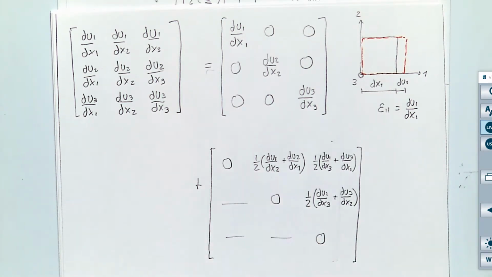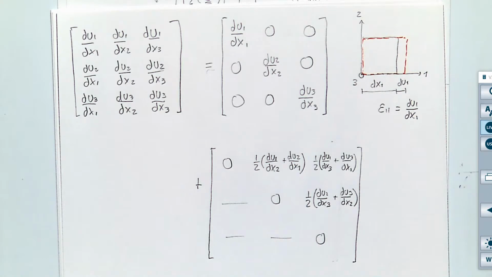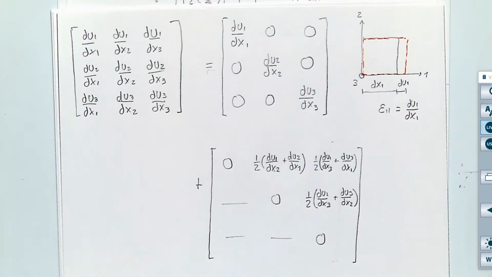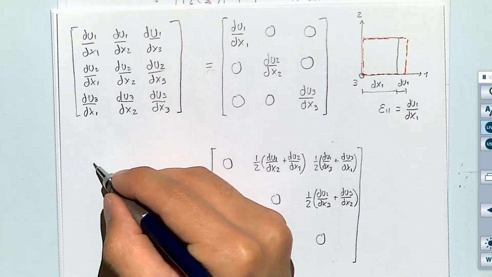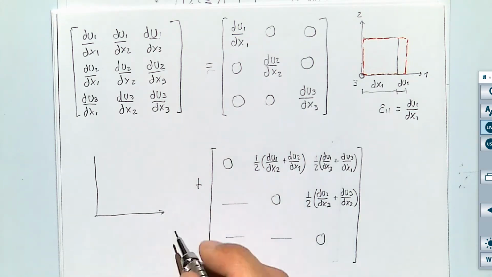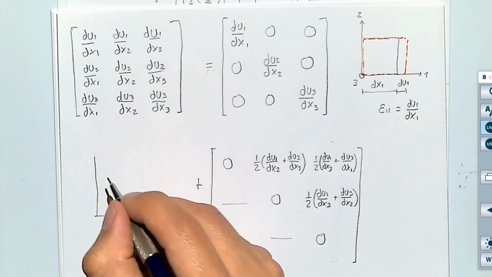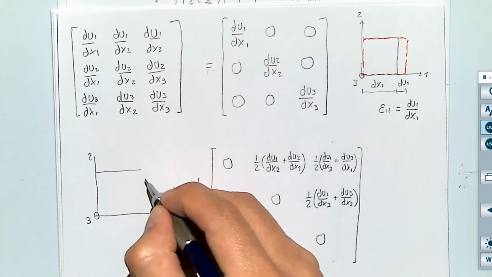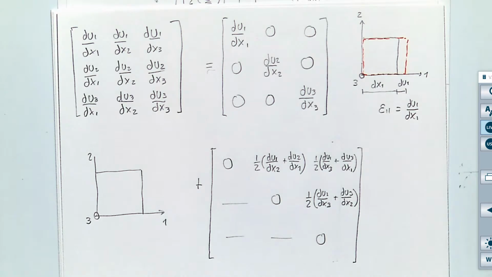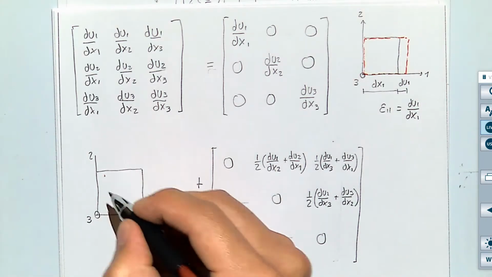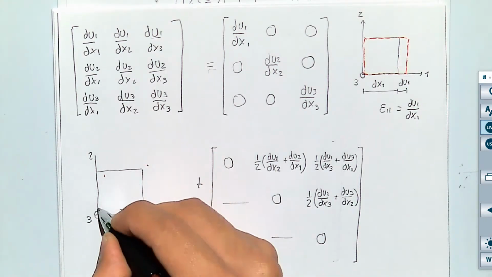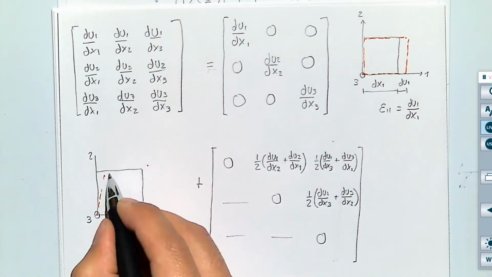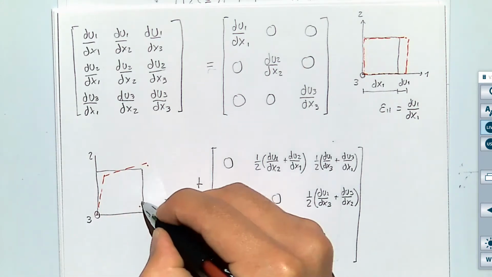Let's see what is the physical meaning of these terms over here. Similarly as we did for the previous case, let me draw again the initial undeformed cube, and I'm going to deform it in such a way that the deformed configuration is going to look like this.